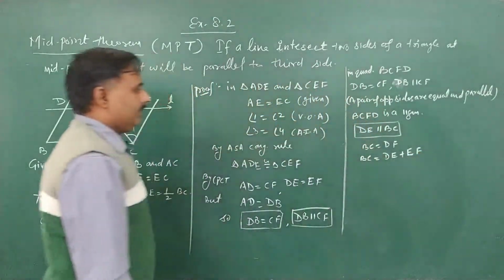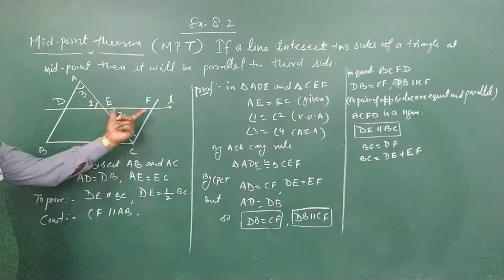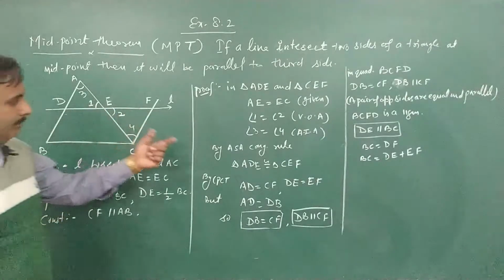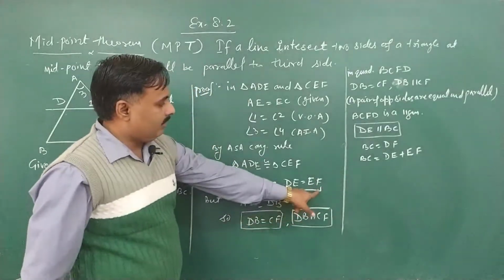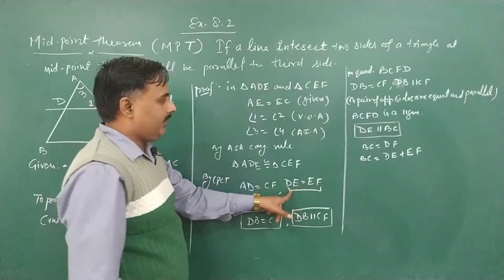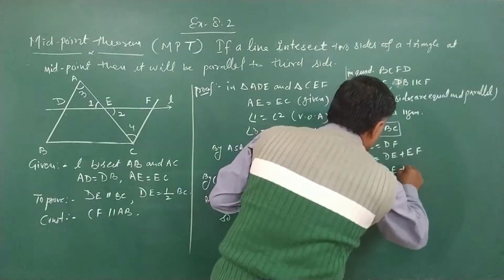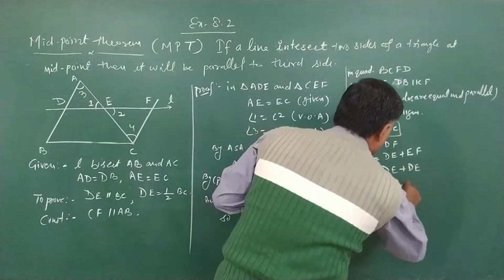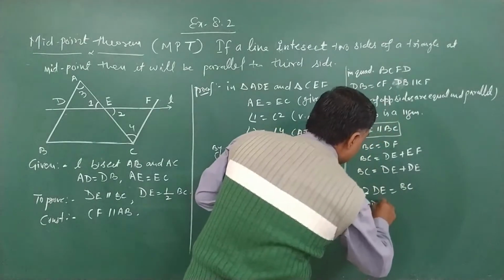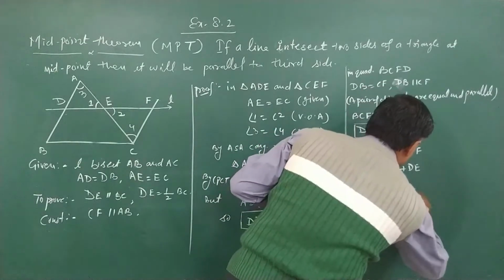We already proved that DE is equal to EF, so we can replace EF by DE. So we can write BC is equal to DE plus DE, meaning twice DE is equal to BC. So we can say DE is equal to half of BC. So this is your second part.